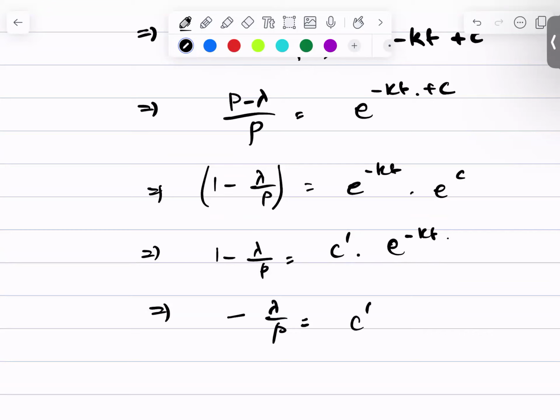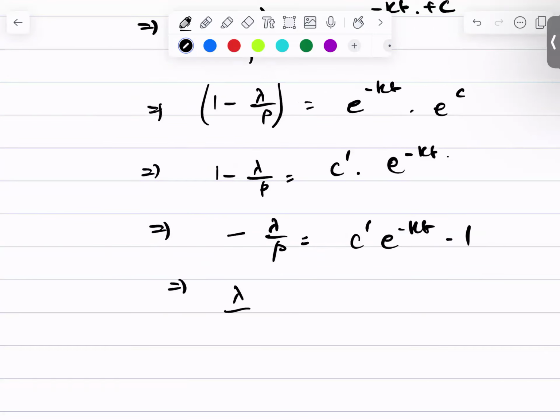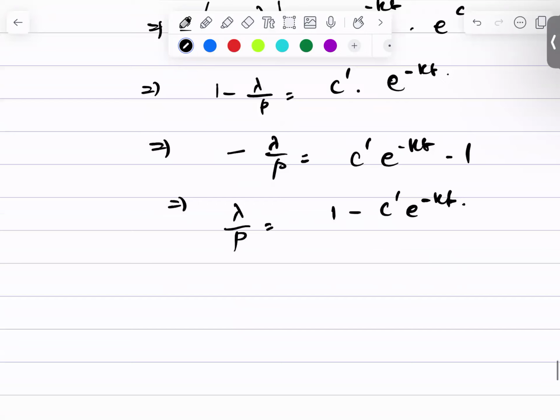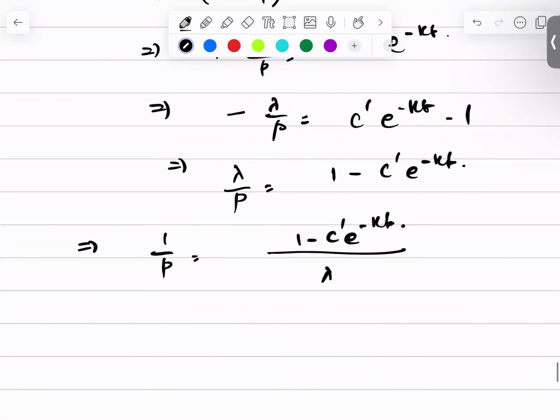So I get (C′ e^(-kt) - 1) over P is just, 1 minus C′ e to the -kt. This is basically algebraic manipulation, nothing else. And then P will be λ over 1 - C′ e^(-kt).